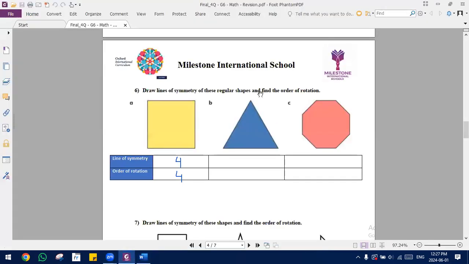Then we have a triangle, but all sides are equal, so this is an equilateral triangle. Since it has 3 sides, so 3 lines of symmetry, 3 order of rotation. Let's see the lines of symmetry. You draw it from each vertex. 1, 2, this is 3.